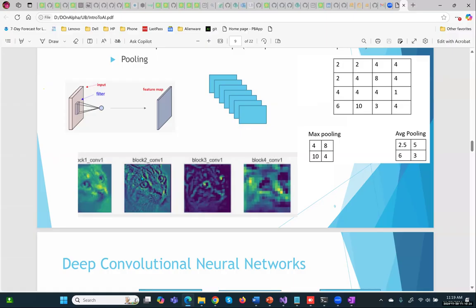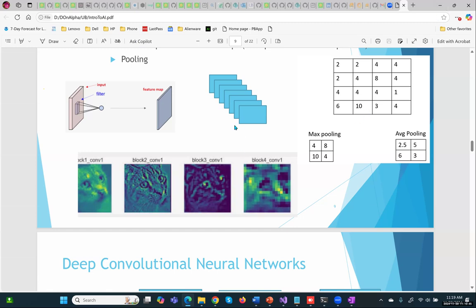If we apply a slightly different type of convolution, you'll see it is highlighting something else in the image, right? If we apply another kind of convolution, you'll see the eyes become more dominant over here, right?